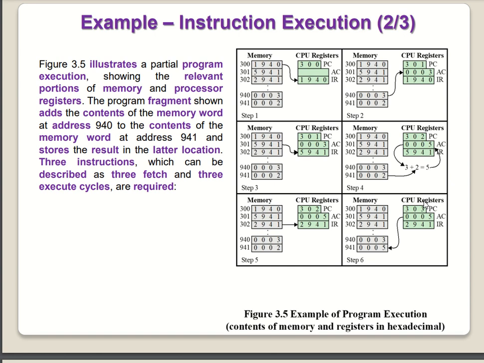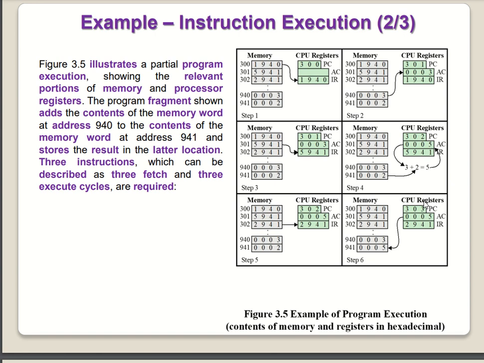Is it fine? So just keep it in mind, your instructions and data are kept in the memory and the CPU registers are used for the execution of the instructions. PC, program counter, contains the address of the instruction to be executed next. IR contains the fetched instruction which is being executed currently. And then the AC is for temporary storage. So first CPU fetches the instruction from the memory based on the PC's address.